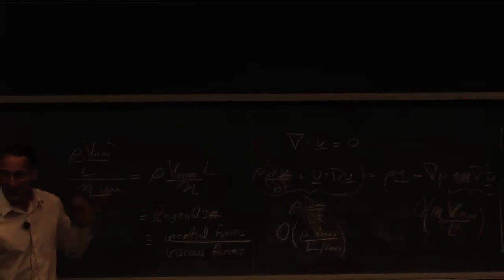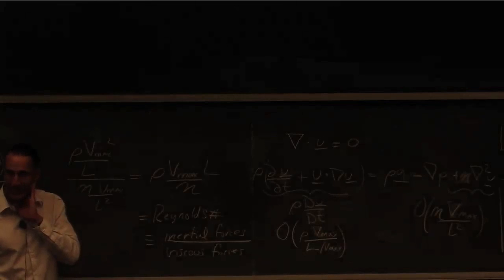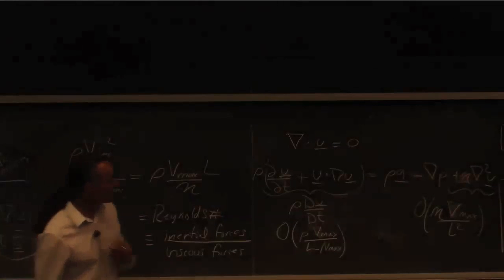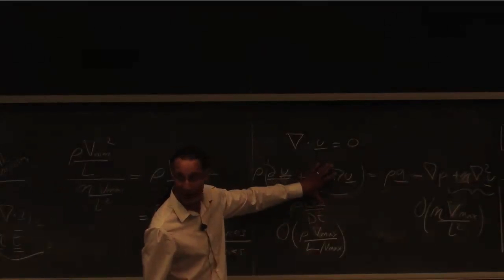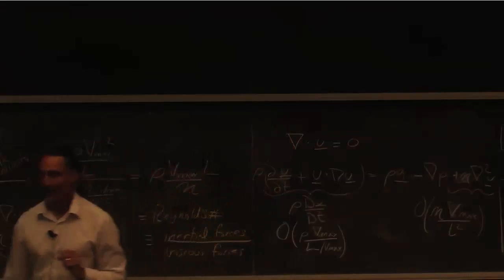Okay, and the handy thing is, let's imagine we have a flow where the Reynolds number is really small. What can we do? Reynolds number much less than 1. What does that mean? Inertial forces are not important, right? Compared to viscous forces. So we can go back up to our governing equations on the left-hand side and throw all this away and not bother solving for it. Okay.